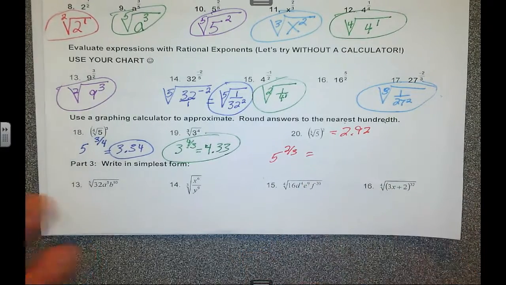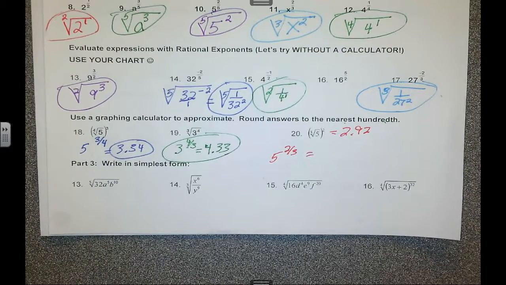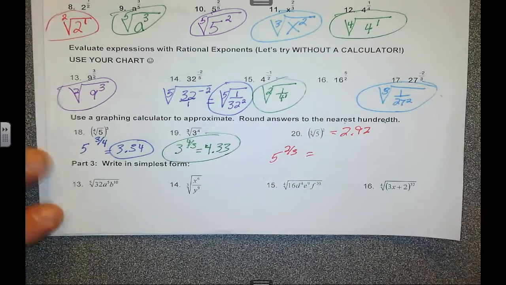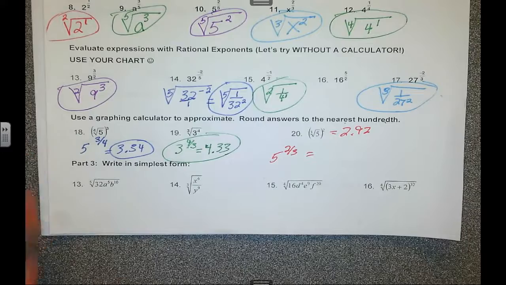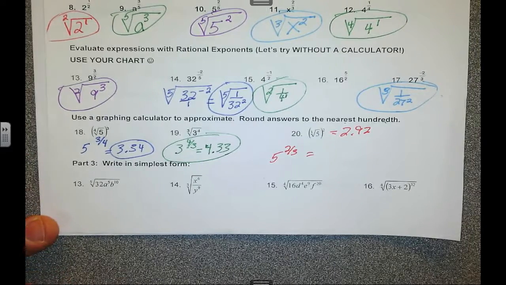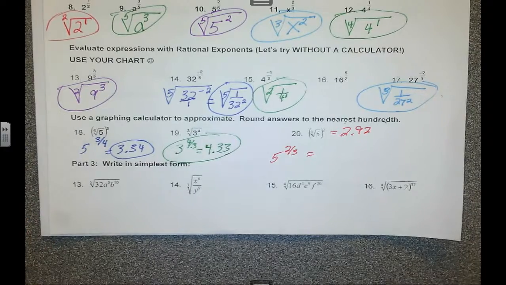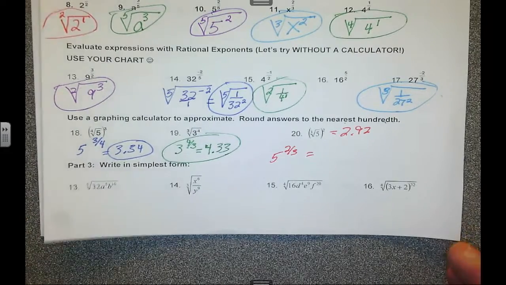I just asked you if you remember how to reduce radicals. Can I take the 5th root of 32? Can I take the square root of 32? Never mind. I'll make up a worksheet. We'll go over that.